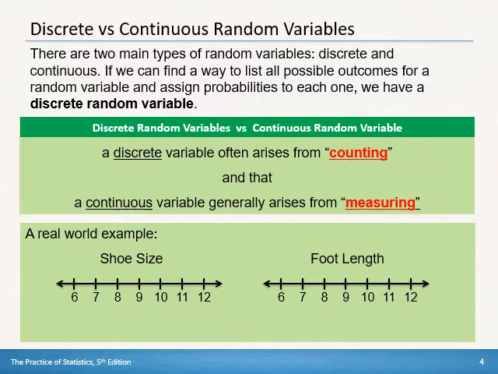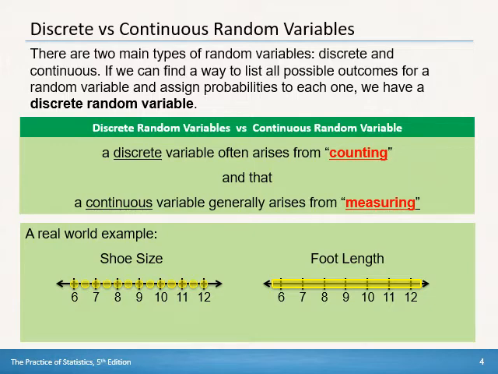So we could list all the possible shoe sizes, right? You might occasionally get someone with a really big foot, but we could list them all. They're not an infinite set of possible values. So because we can list all the possible shoe sizes, those values would be considered a discrete random variable.